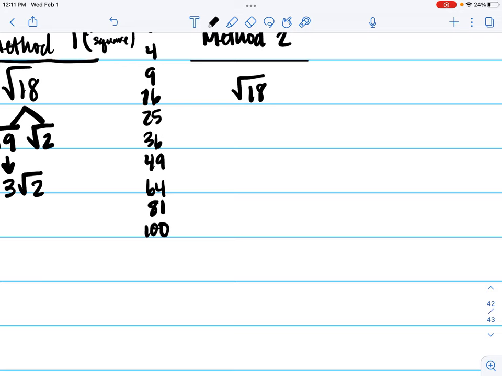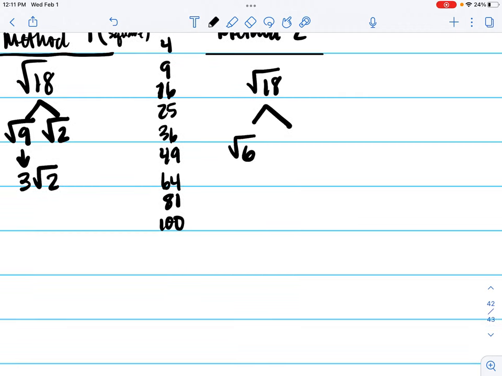If you recall this from maybe 3rd, 4th, or 5th grade, prime factorization is when you start making a factor tree in which all of the factors are prime. So if you want to look at this as, for instance, root 6 times root 2, you absolutely could. Root 2 is a prime number, so I'm going to highlight that.